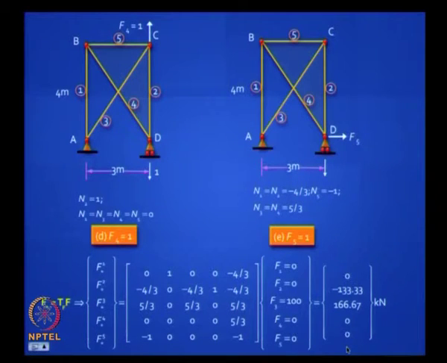Is it clear? You might ask, why do I need to find out all this? I just need to solve for the single condition of 100 kilonewton, right, just one truss. That is what we do in normal structural analysis. But in matrix methods we say that is right, you can do only one problem that way. We are giving a solution which can do any problem.